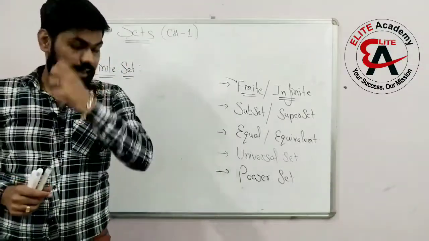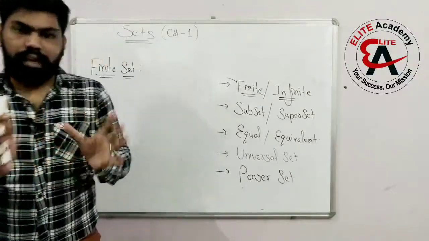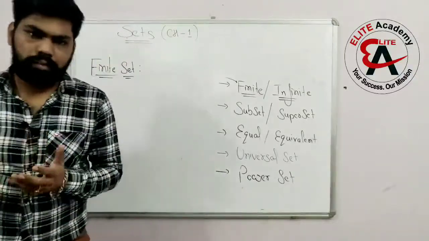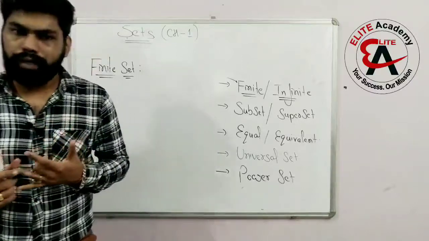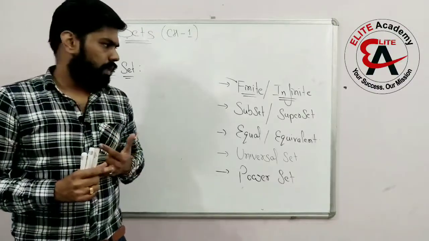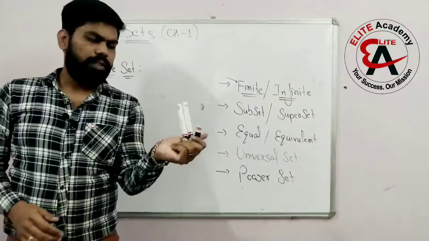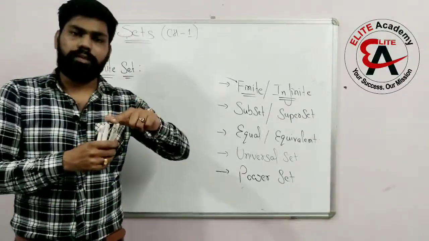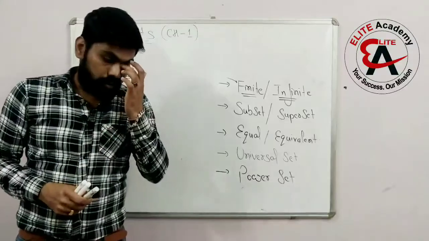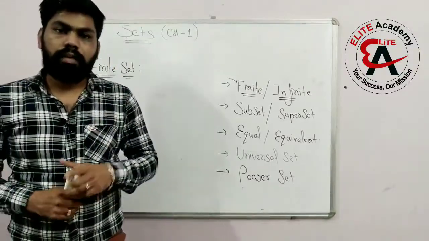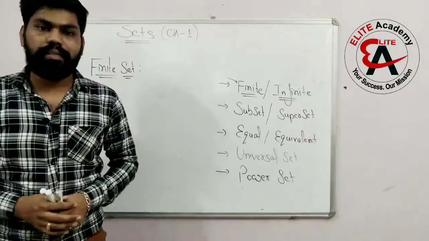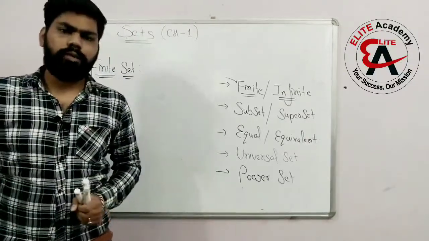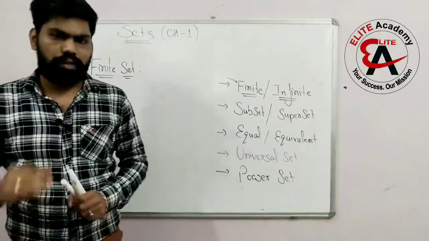For example, we can say the area of the earth is finite, the volume of the earth is finite. We can say the quantity of these markers is finite. Okay? Why? Because I can count it. There is an end to that. But if I'm saying the length of space is infinite, I can't measure that. Why? There is no end. It's going on and on and on.